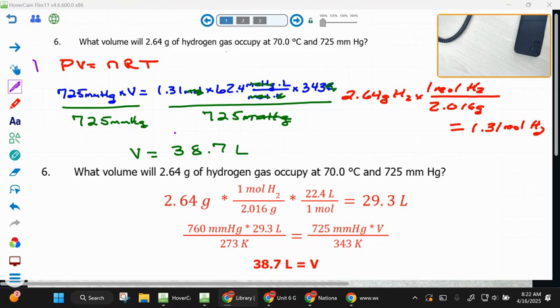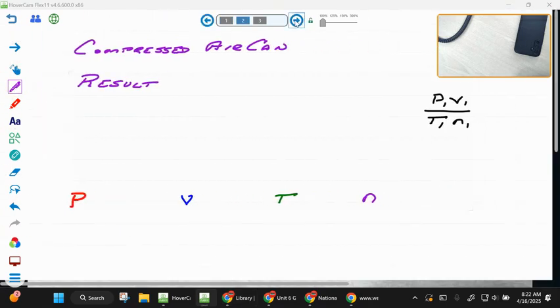Now think about it. There is air inside here. Think about what I'm changing as I'm doing this. Tell me what happened. How did it change? It got cold. This can is now incredibly cold. So let's take a look at what happened here and see if we can figure it out.